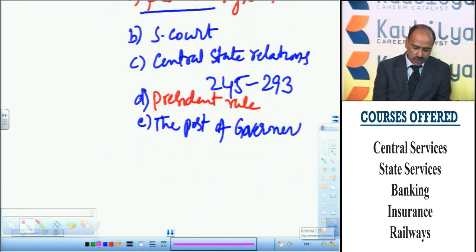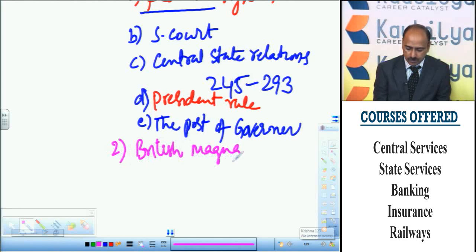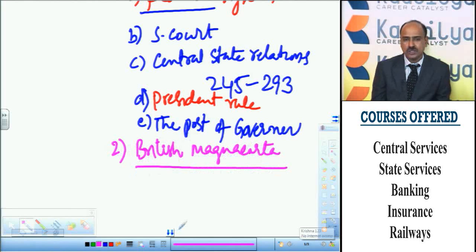The second source of our Constitution is the British Magna Carta. The British made the Magna Carta. It has no articles, no schedules, no parts, just rules and regulations.